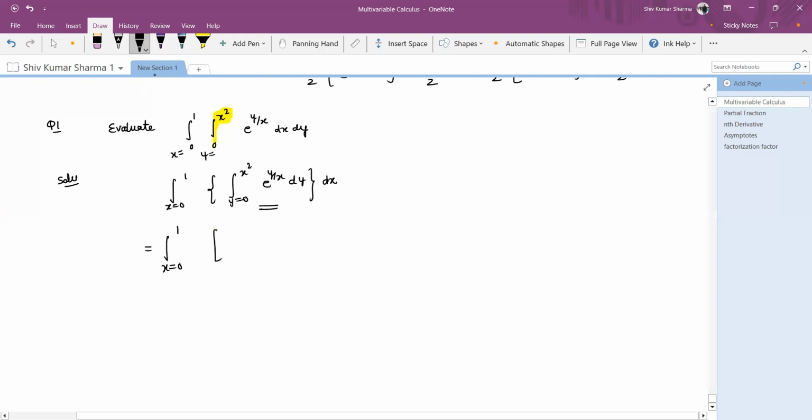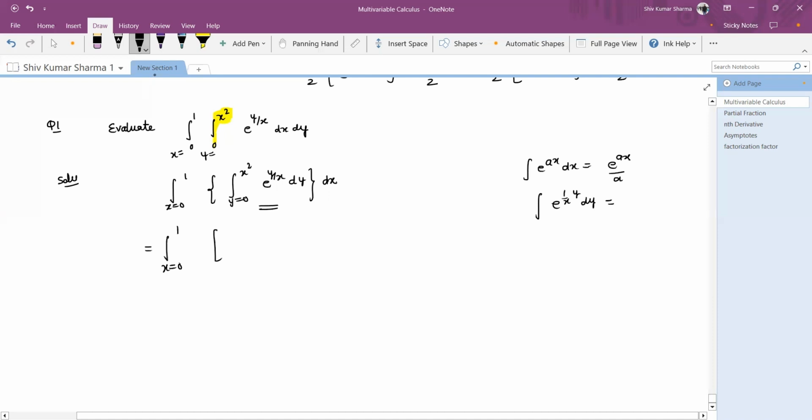So we integrate with respect to y. We know that the integration of e raised to the power ax dx is equal to e raised to the power ax upon a. Here 1 upon x we treat as a constant.